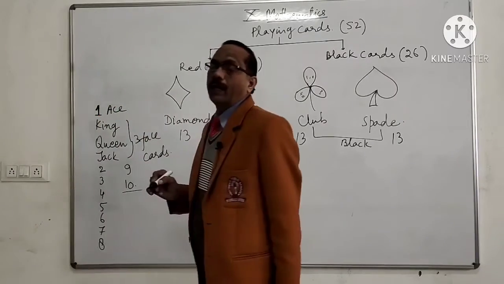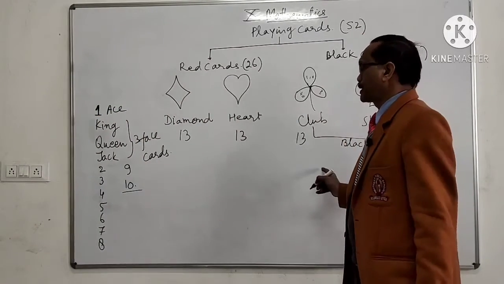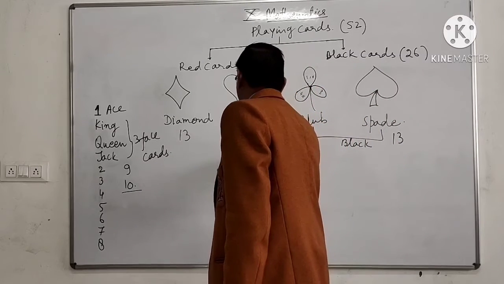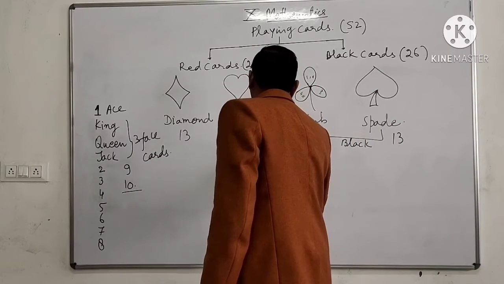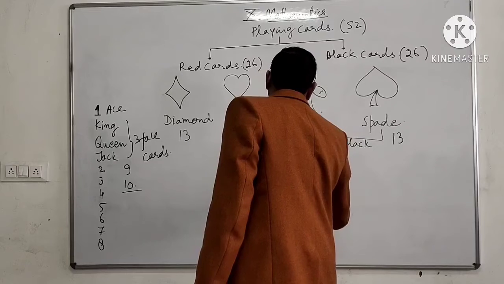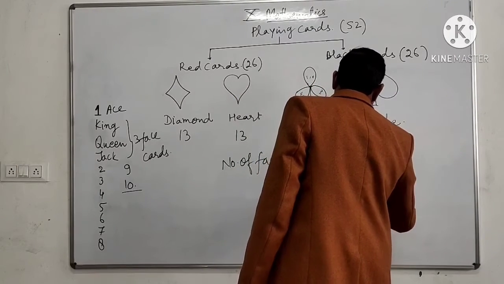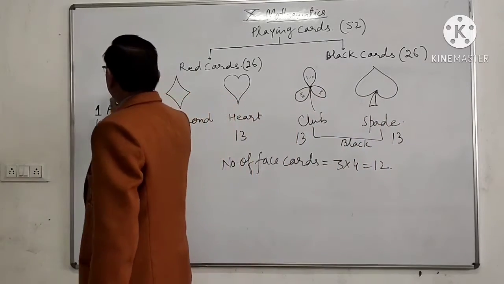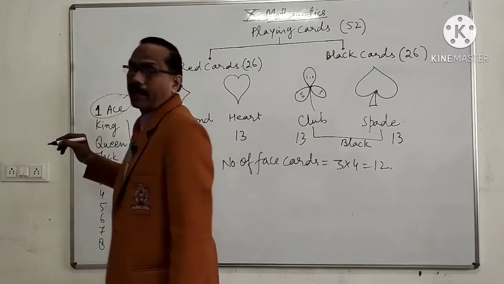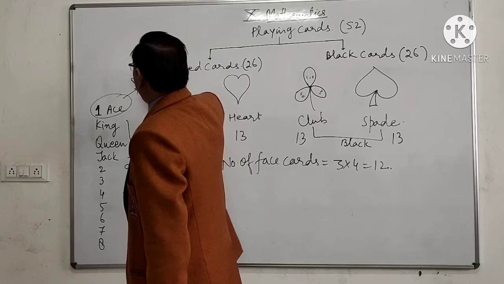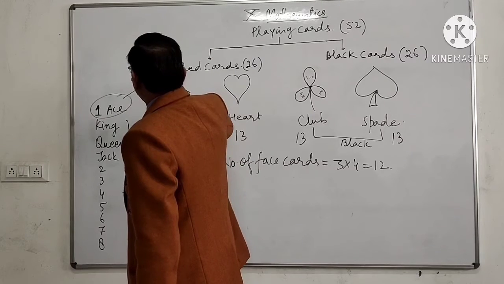If we talk about the total number of face cards, then the number of face cards is 3 times 4, that is 12. Maximum honor is given to ace.